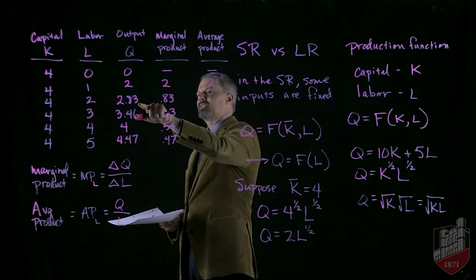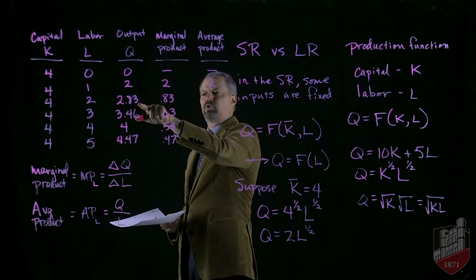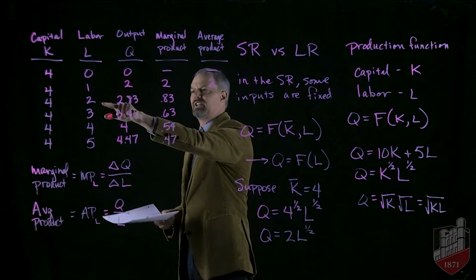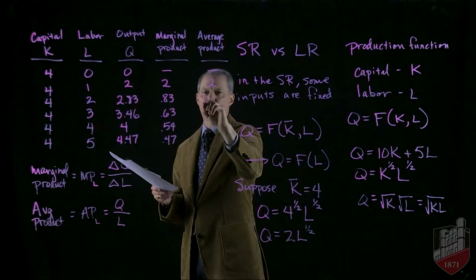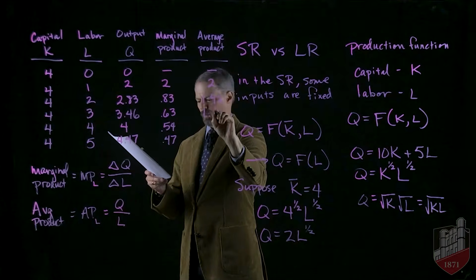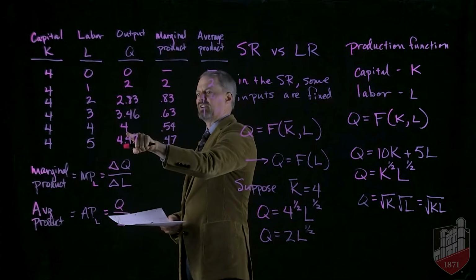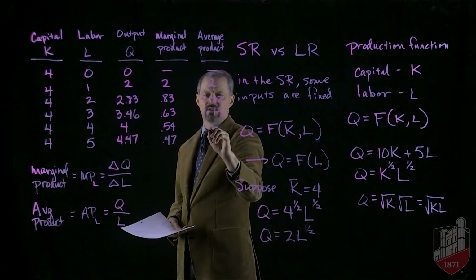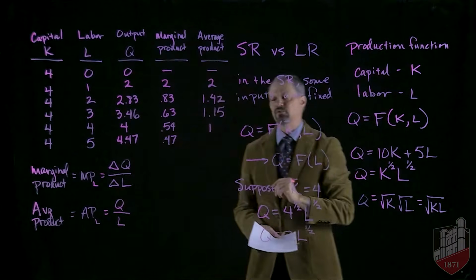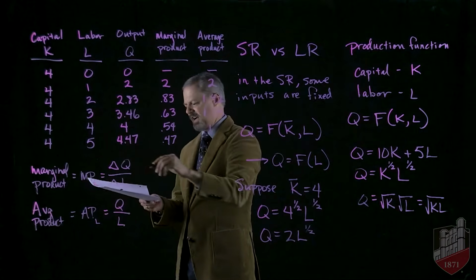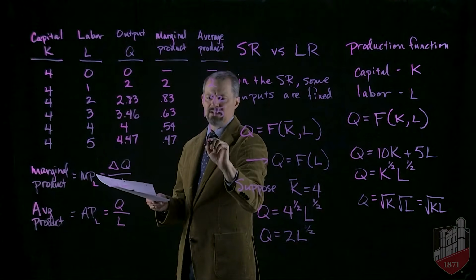Here we've got a total output of 2.83, and we've got 2 workers, so 2.83 divided by 2, that's roughly 1.42. Then we have 1.15. Here, this one's easy. We've got 4 units of output divided by 4 workers. The average product is 1. And then 5.47 divided by 5, that's 0.89.